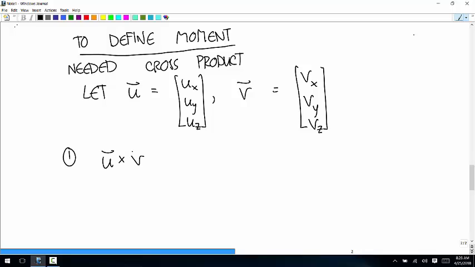So u cross v. It's a times symbol, a cross instead of a dot. Right. That's true. Those are both ways of writing times, but you do the dot product differently.